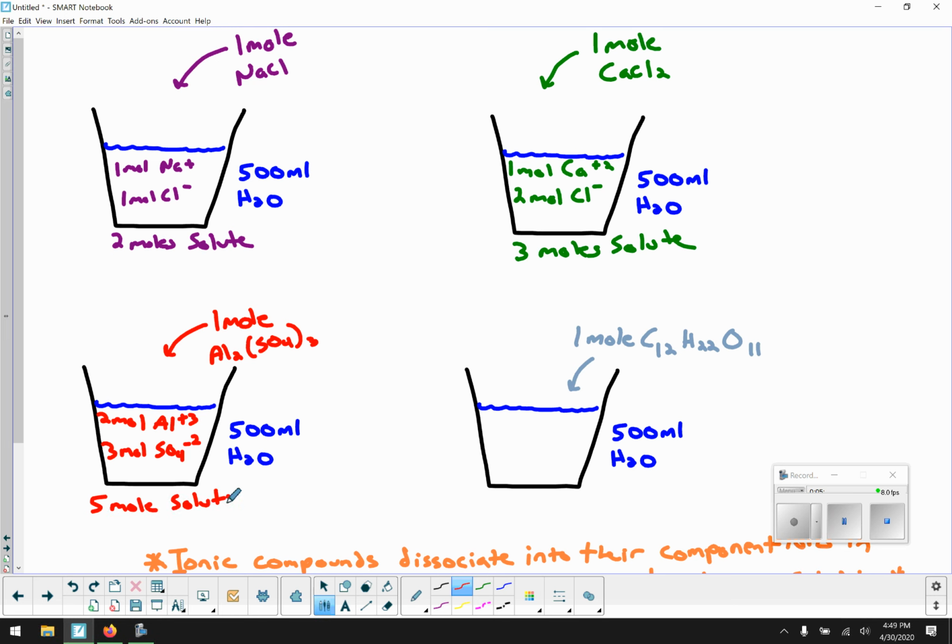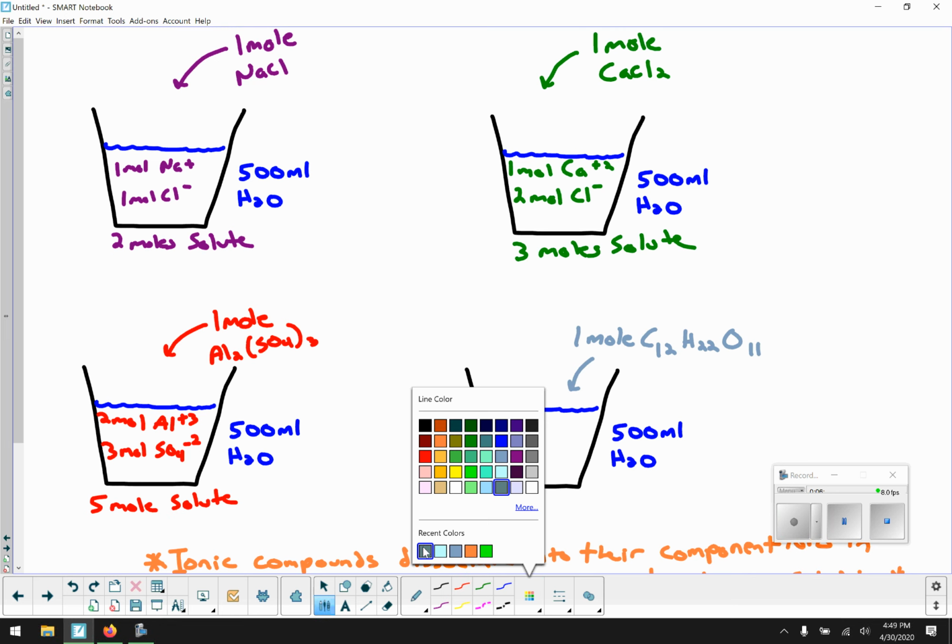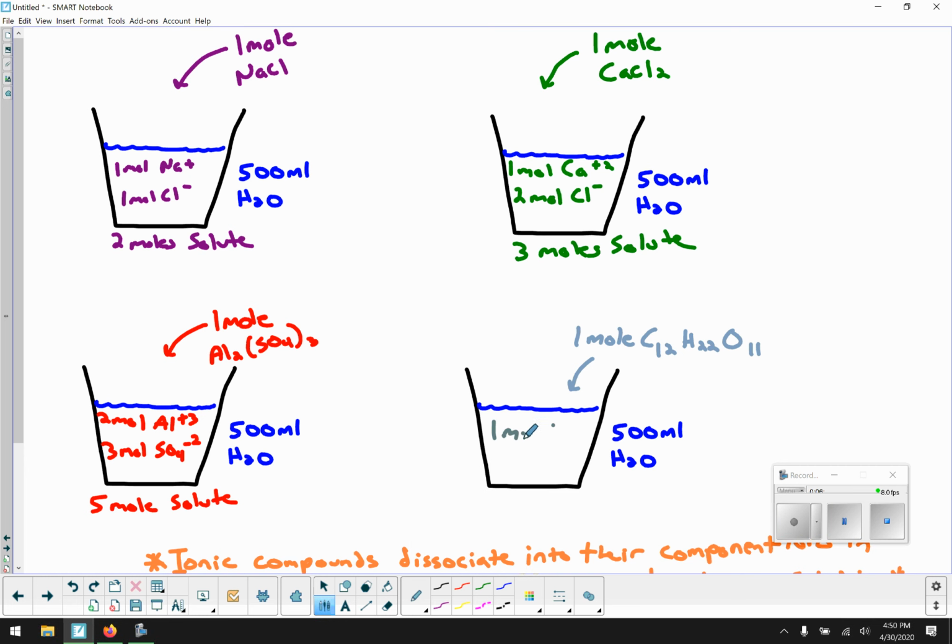So let's go on to an even bigger chemical, sucrose, C12H22O11. Sucrose is regular table sugar, and it definitely dissolves in water. So if we take that table sugar and dissolve it in water, what we will get is 1 mole of C12H22O11.